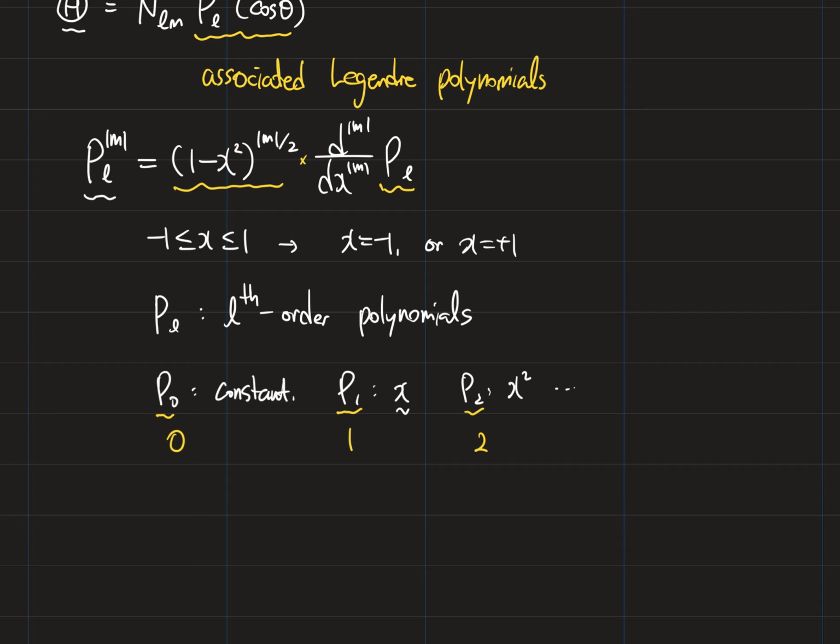But what about the associated Legendre polynomial? We are going to differentiate m times, absolute m times. So the number of roots will be decreased by the value of |m|. So the number of nodes in theta will be decreased from L to L minus |m|. Right, so this is what we have for the angular motion in theta.